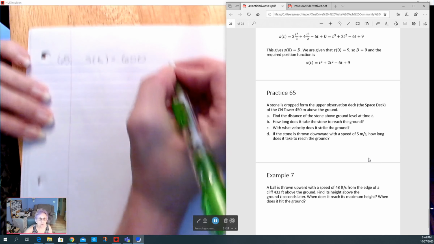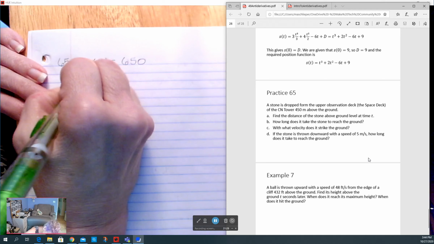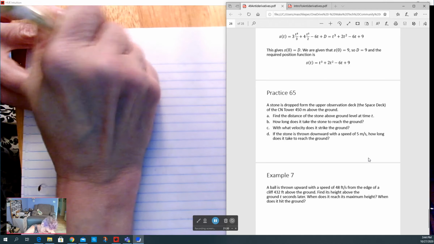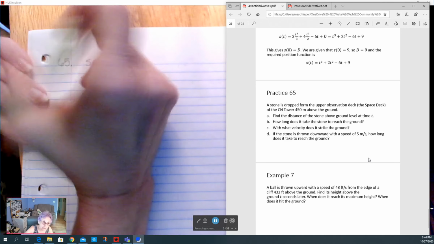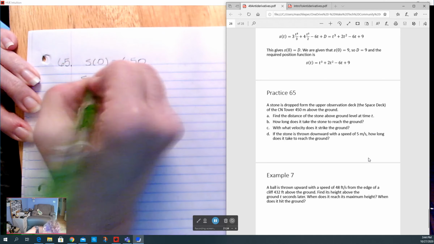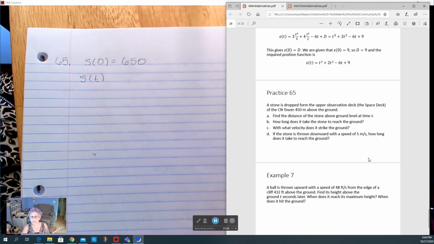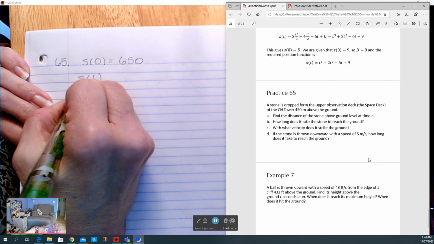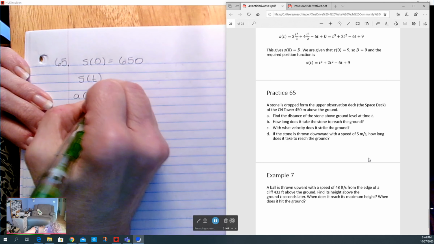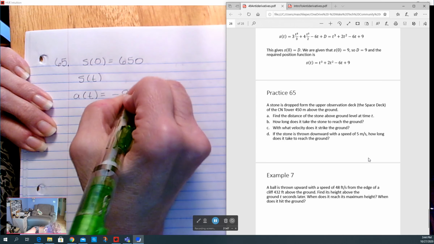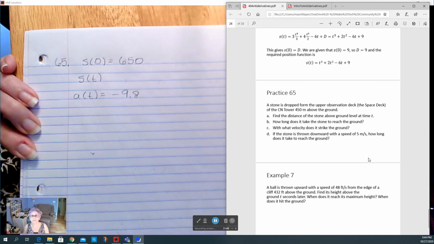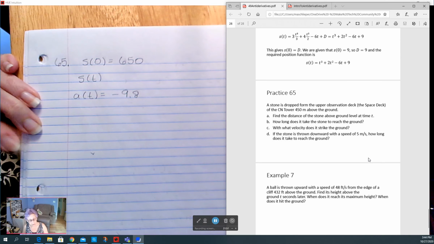So my goal, s of 0 is 650. My goal is s of t. And they don't give me anything else. But luckily, I happen to know acceleration due to gravity is 9.8 meters per second squared.